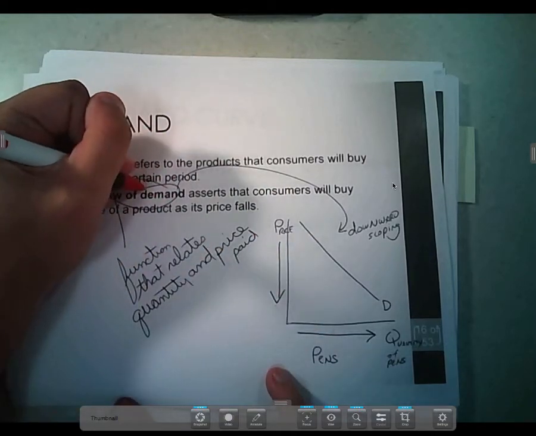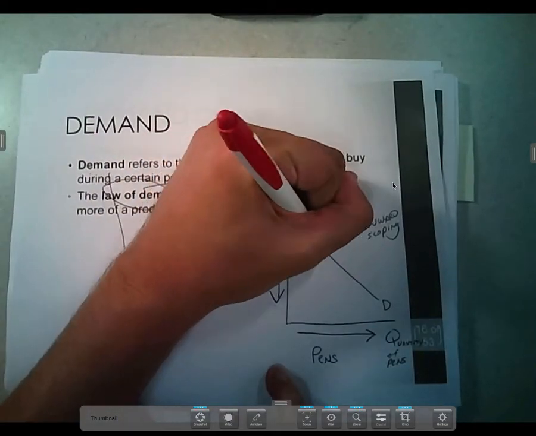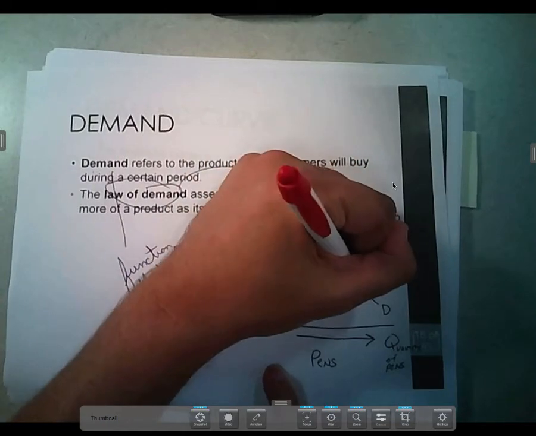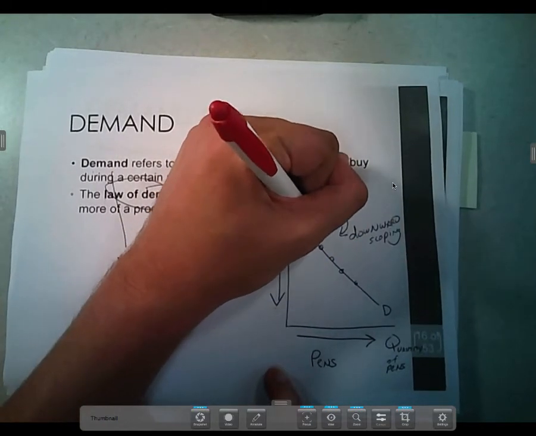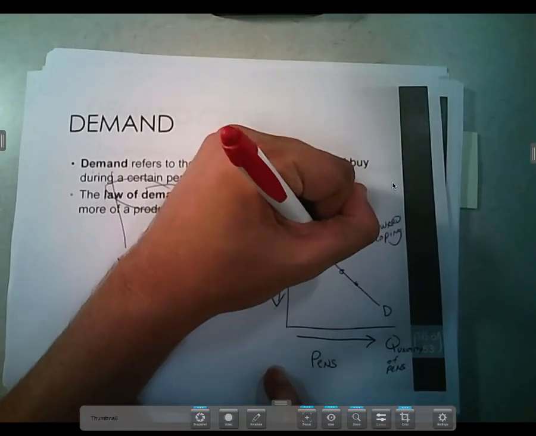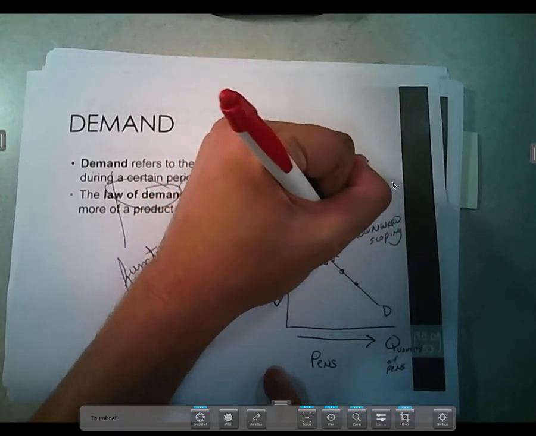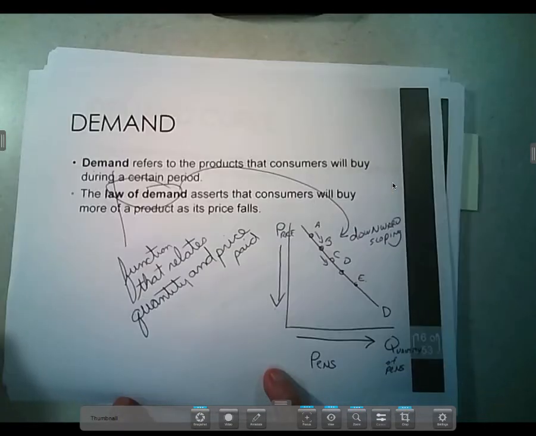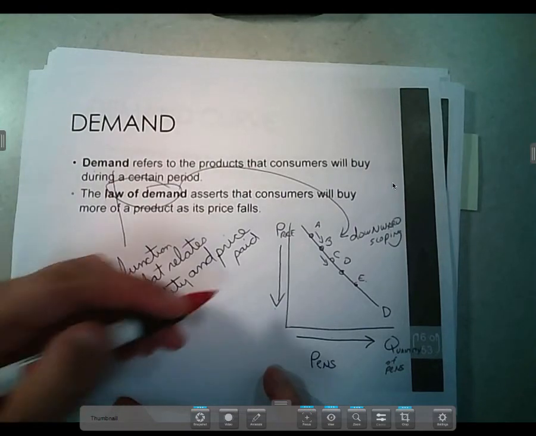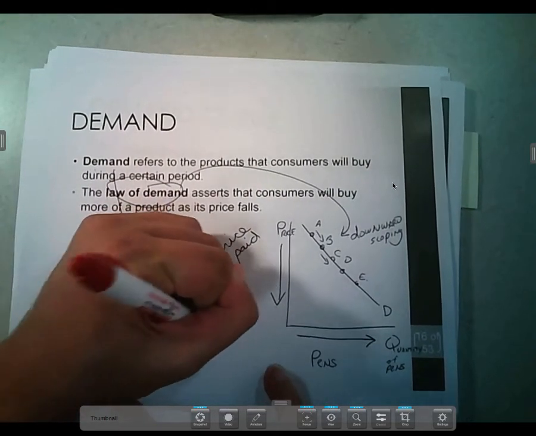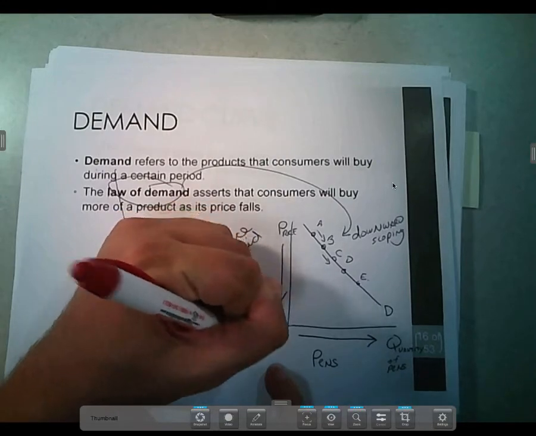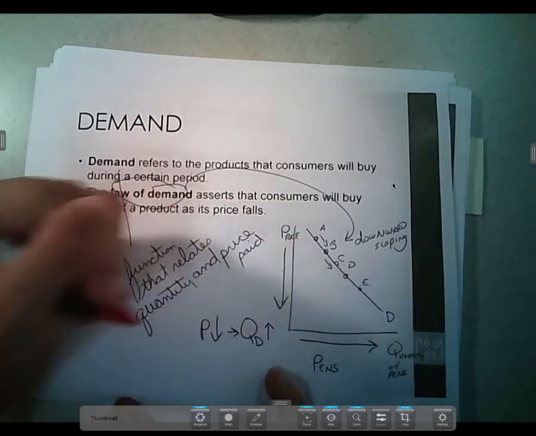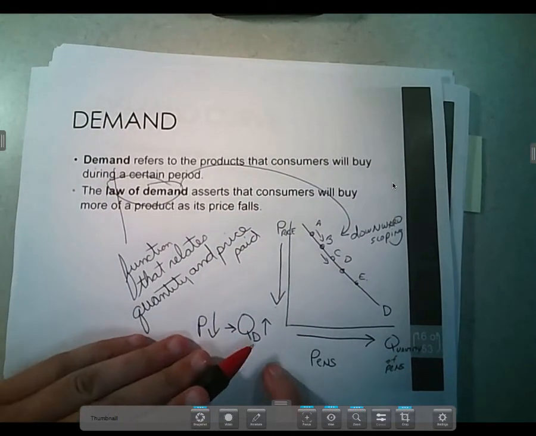What the law of demand describes for us is a movement along the curve from A to B to C to D to E. The law of demand describes that movement. As the price falls, the quantity demanded rises.